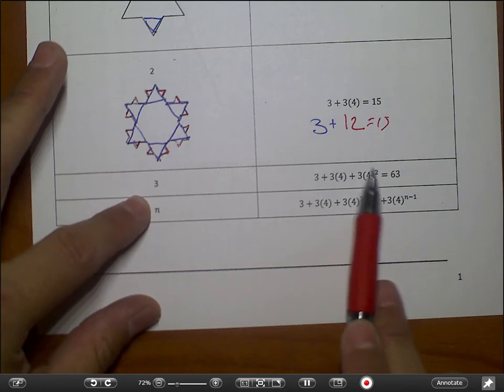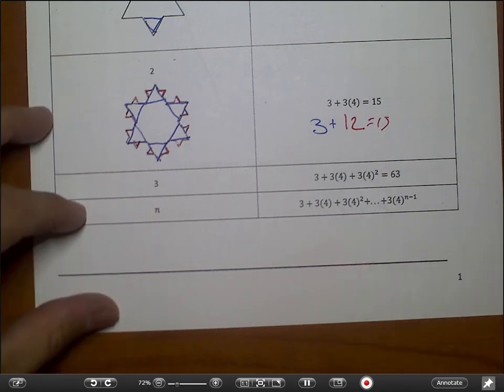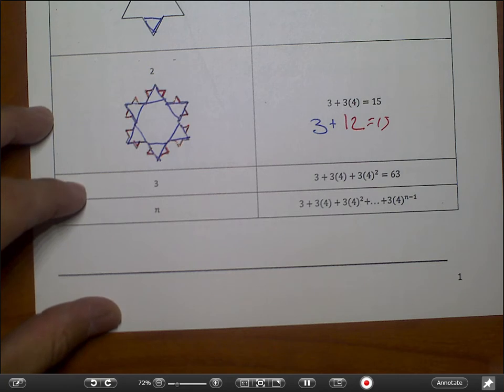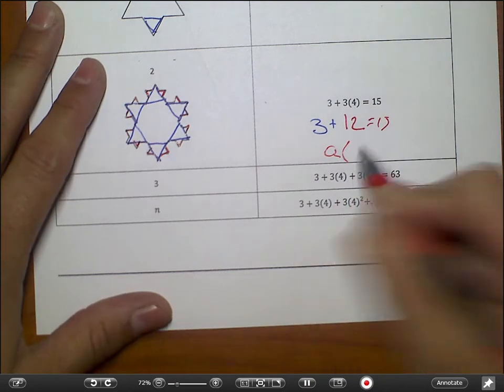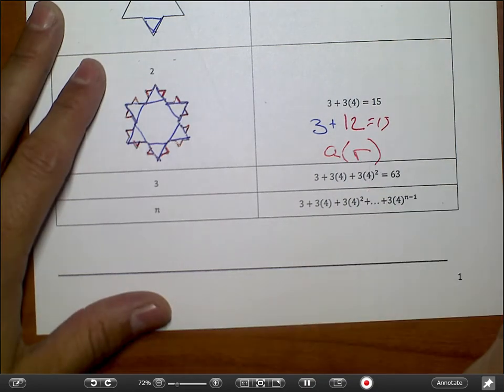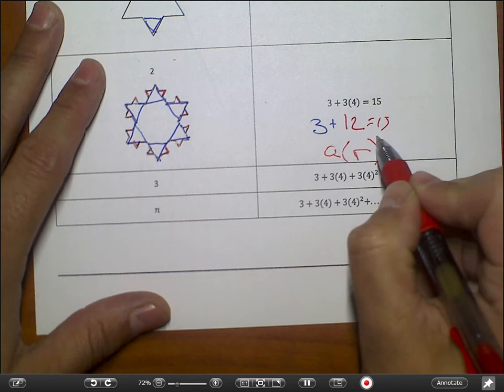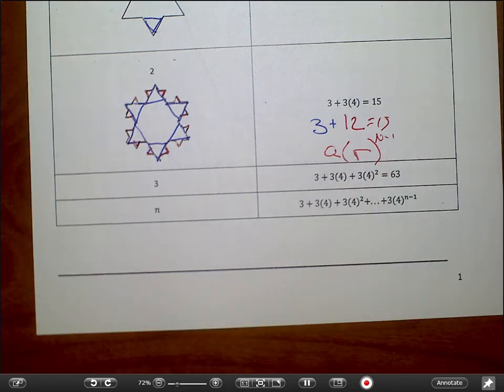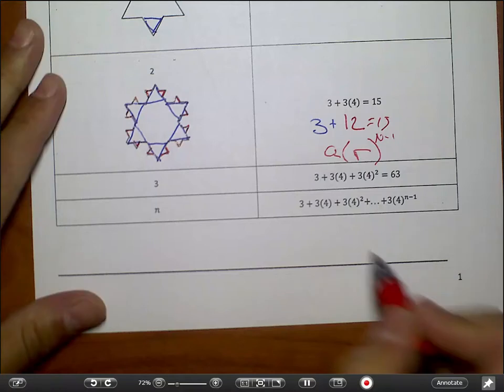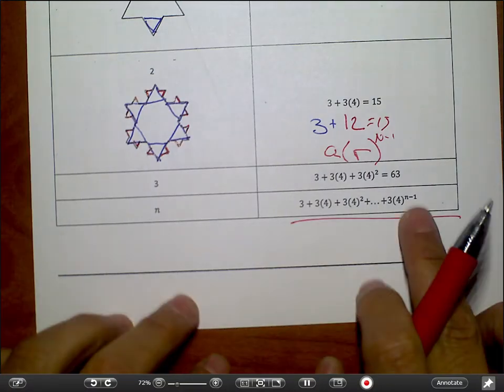So when we were doing the problem, it goes back to what we were doing at the very beginning, which had some a value times some r value to the power of n minus 1. Do you remember that way back? You don't have to remember it exactly, just somewhat familiar. So now we're going to do another one that looks like this.